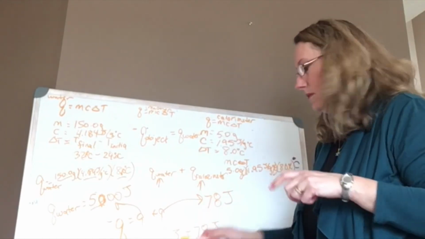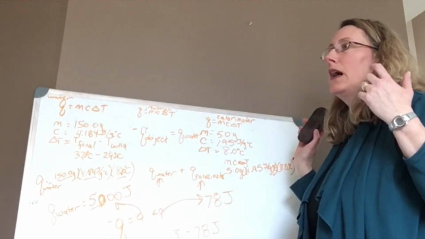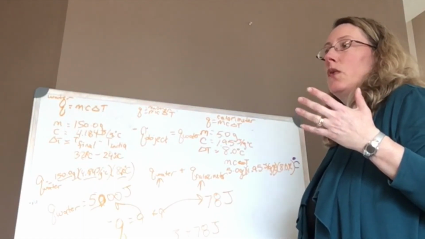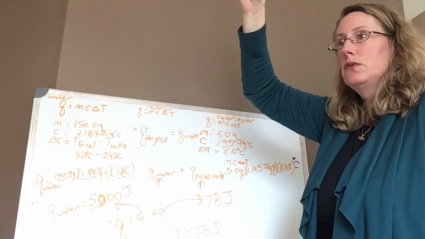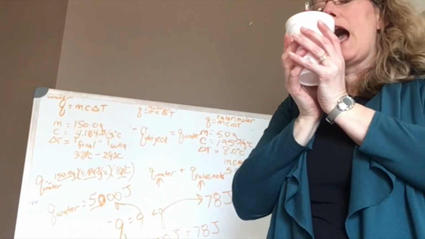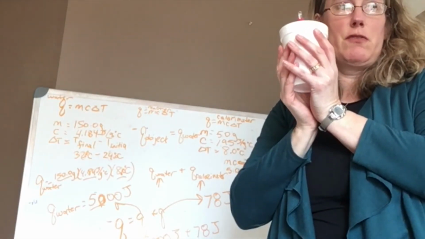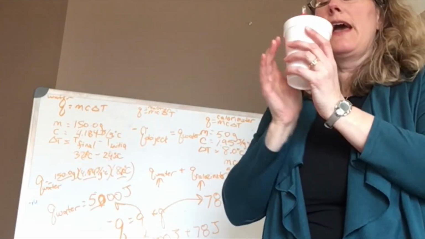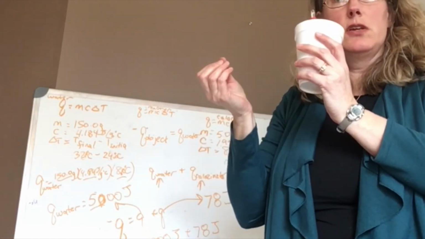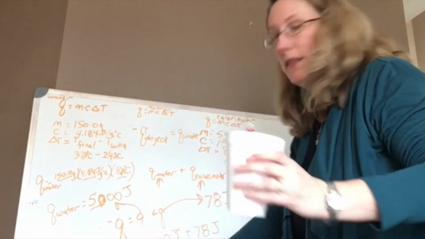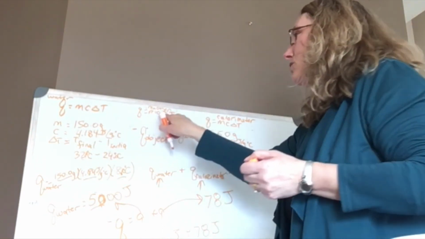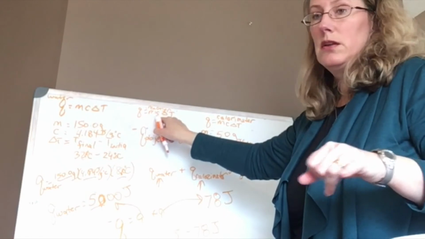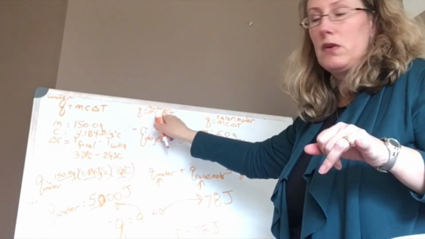So what we're going to do now is drop that hot metal into your calorimeter. You're going to watch and be shocked at how much your temperature is going to raise. And then you're going to figure out your Q equals MC delta T. You should know the C of water, and you're going to ignore the calorimeter.